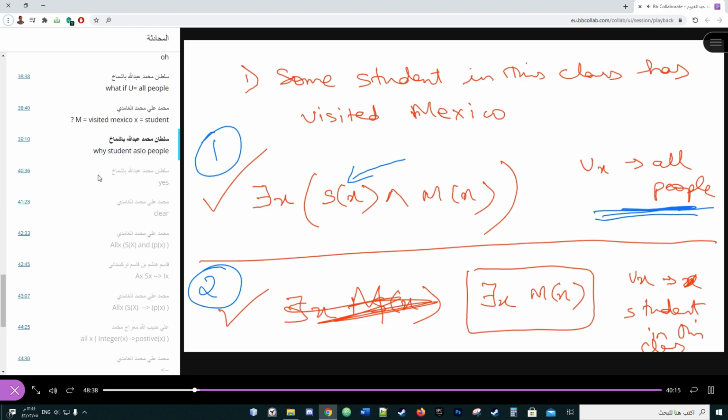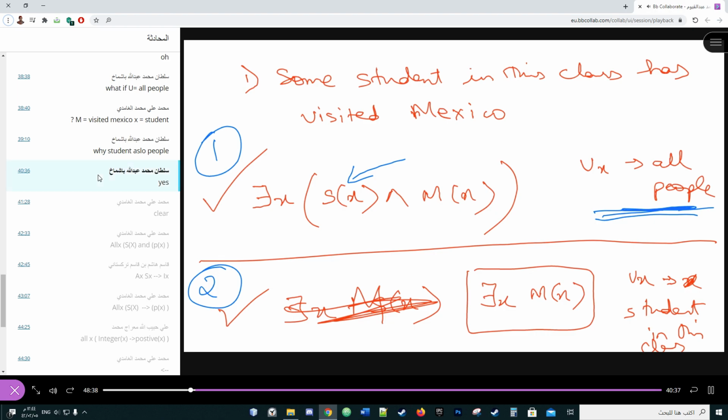When we are talking about software, X could be a student, X could be staff, X could be a visitor to the university, X could be a parent, X could be a visitor to the website. So that's why we need to keep X as all people when you're talking about a big software. Do you understand, Sultan?